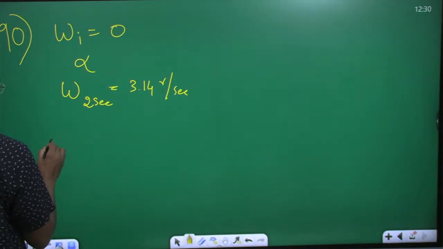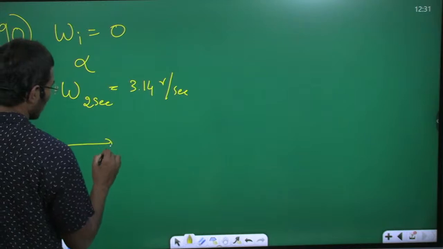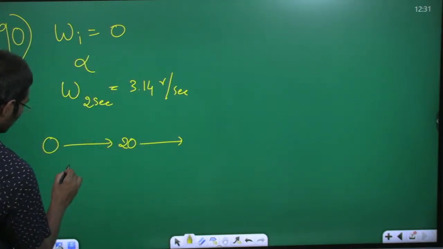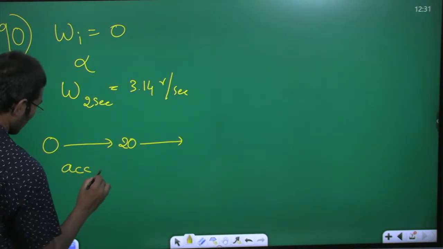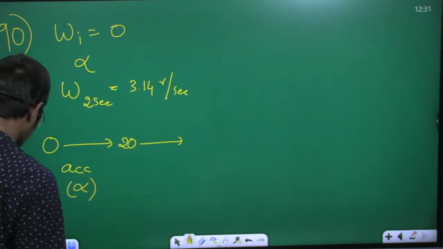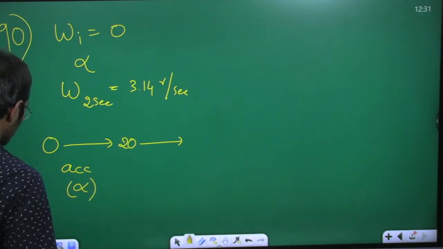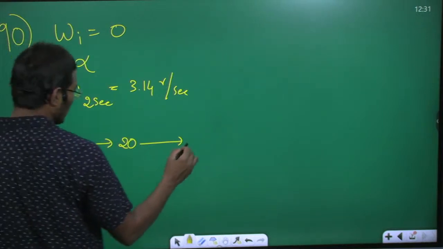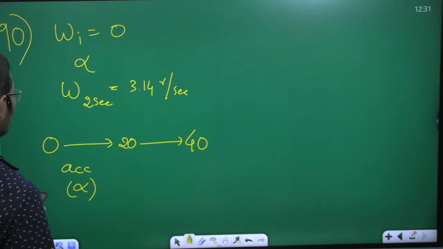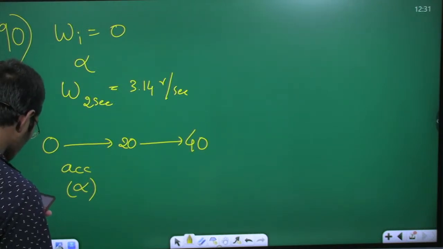So from 0 to 20 seconds, it accelerates with the angular acceleration alpha. Next, from 20 to 40 there is no acceleration. So what is the question being asked?